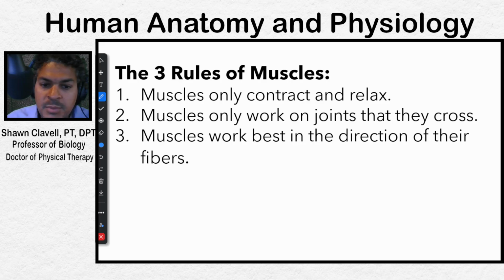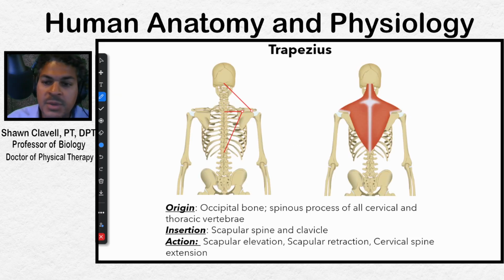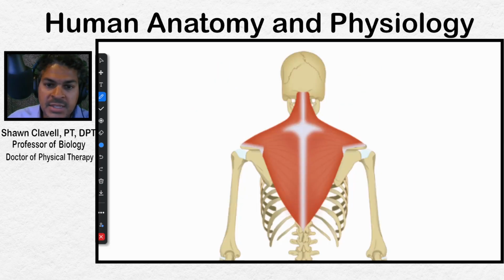And so if we look at a muscle like, let's go with the trapezius here, you can see that the artist here gives us an idea that this muscle has fibers that run in this diagonal pattern, in this parallel pattern right into the spine, and even in this downward pattern here as well.